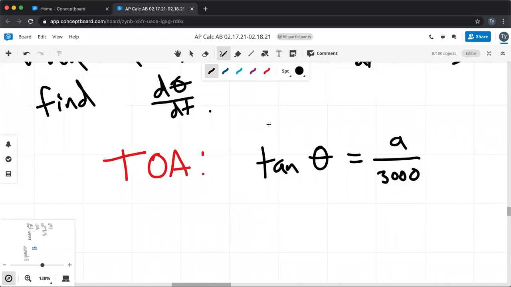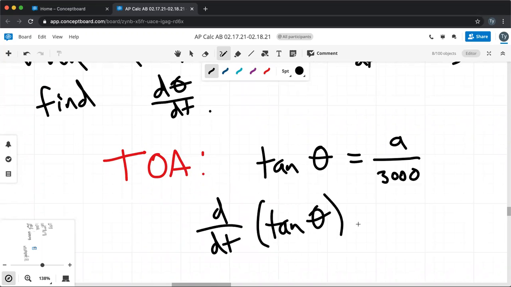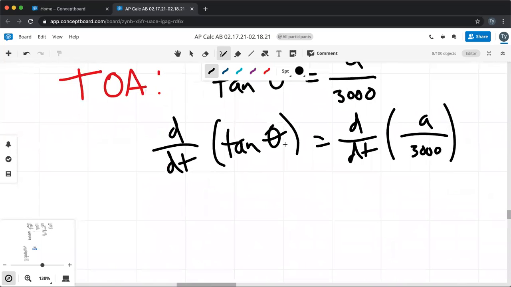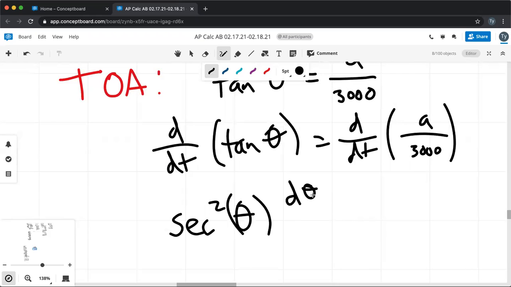From here, if we differentiate both sides, well, the derivative of tangent theta is secant squared theta, but we want with respect to time, not theta, so we need our d theta/dt term here, and that's because of the chain rule.